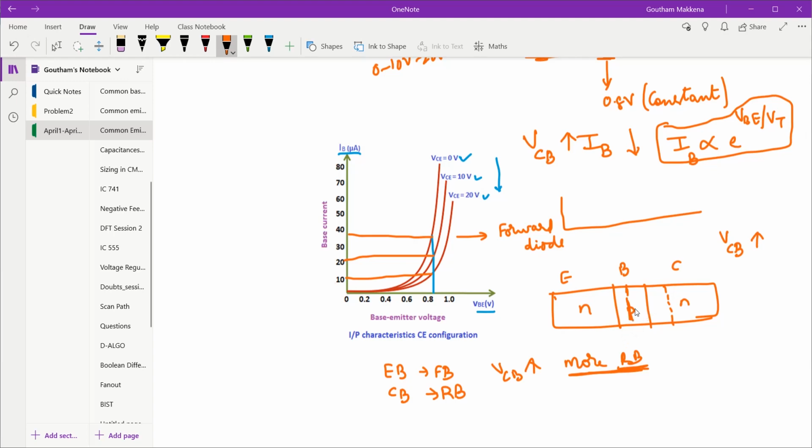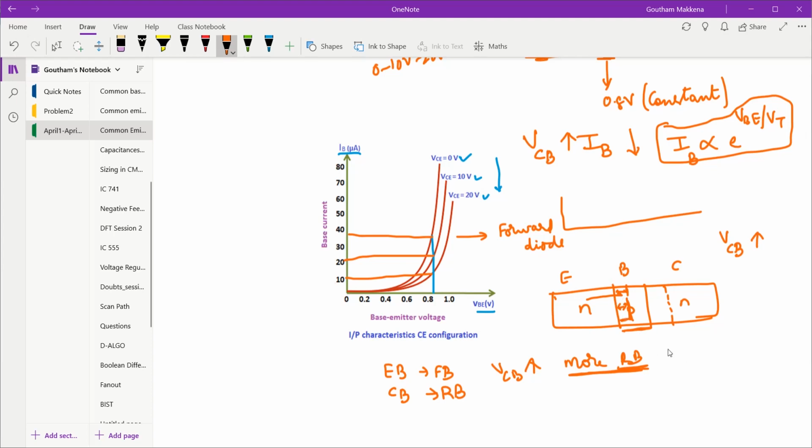As the depletion region width is increasing, what is happening to the base? The base was already small, but because of the increase in VCB, the depletion region width increased and the effective base width is even smaller now. Now how should this affect IB? We know that these electrons enter the base.